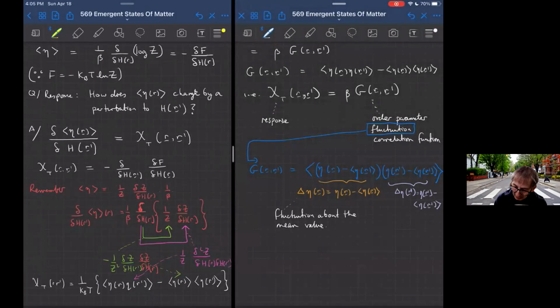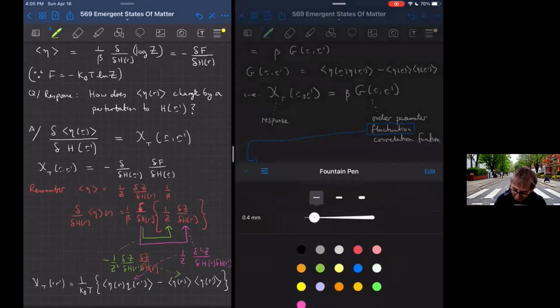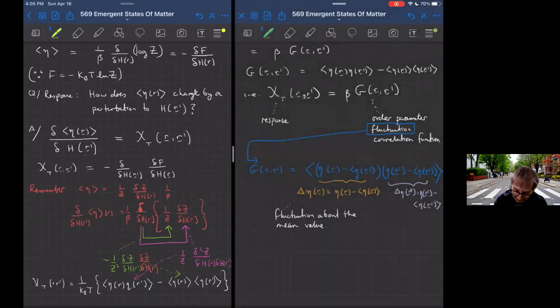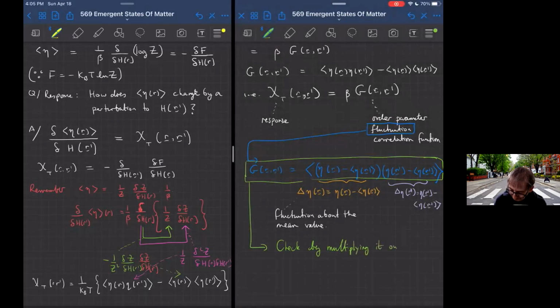Okay, so if this isn't immediately obvious to you, I want to ask that you check this by multiplying it out. And you'll wonder, what is the expectation value of the expectation value of eta?